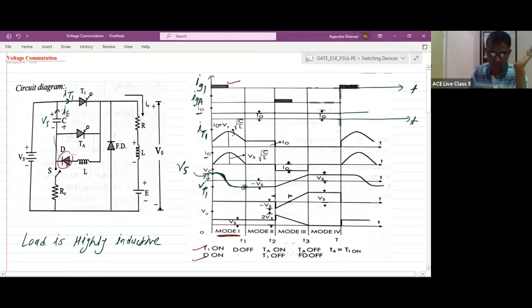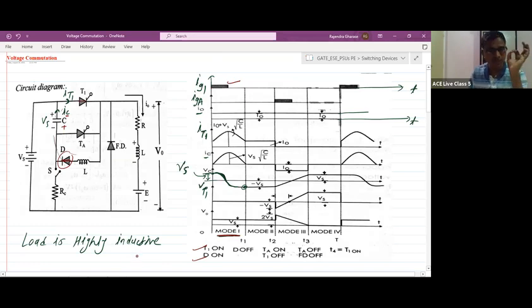So what will happen? Our capacitor will not discharge through this loop, because diode D will not allow the reverse current. Next, the capacitor will try to discharge through the auxiliary thyristor, but have we applied the gate pulse to the auxiliary thyristor yet? No. The auxiliary thyristor is in the off state only. So the discharging path is not available for the capacitor.